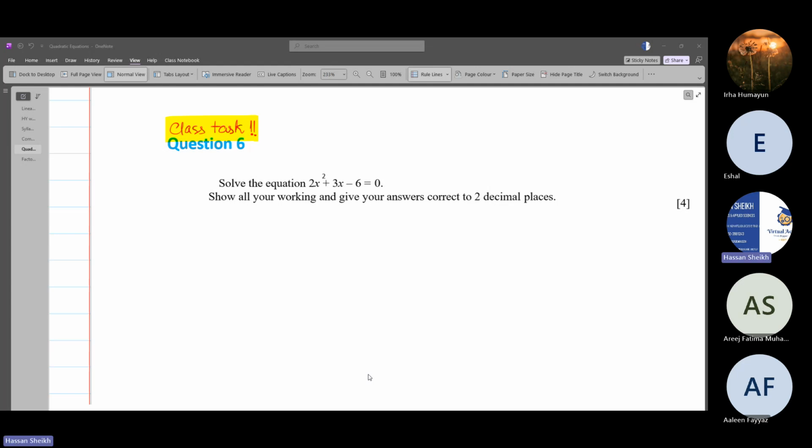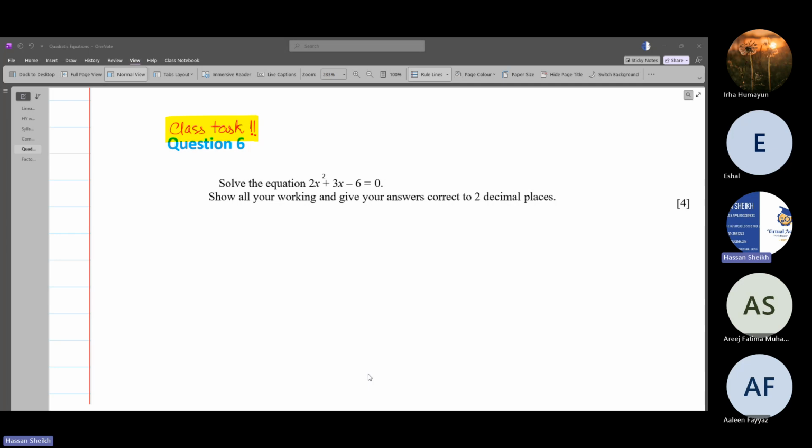Areej, what's your answer? The first value is 1.14 and the second value is minus 2.64. Isha? The first one is 1.14 and the next one is negative 2.64.